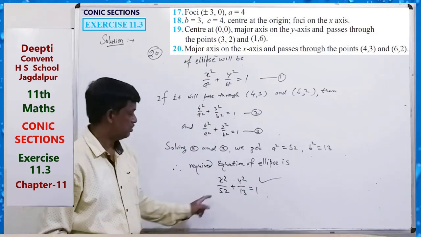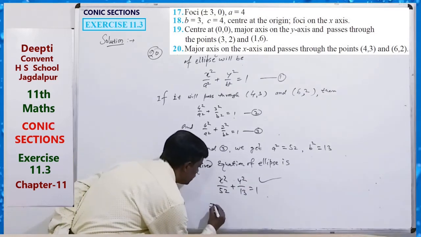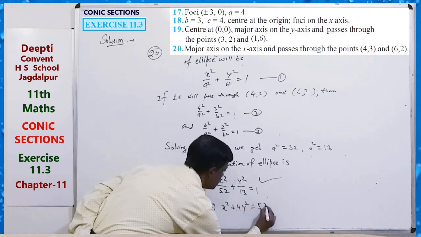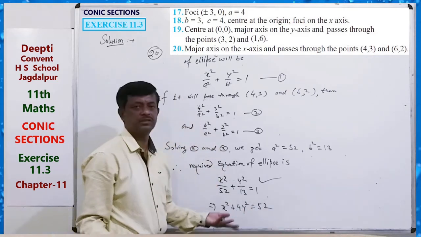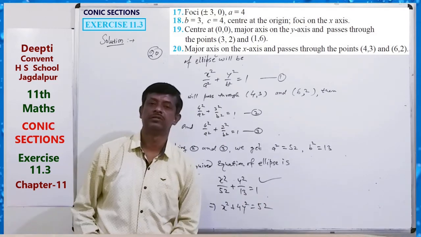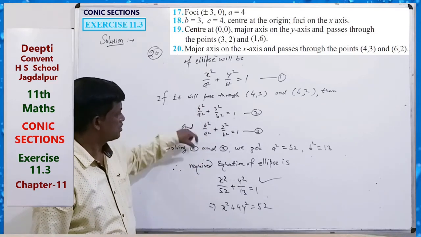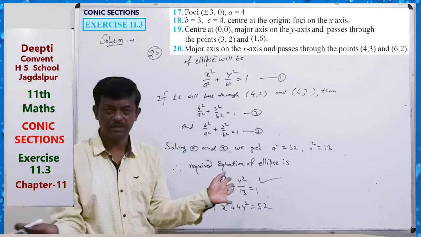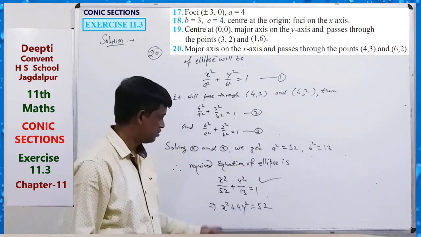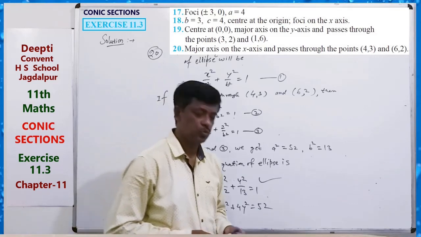Also you can write it like this: x square plus 4y square equals 52. Just solve it: treat 1 by a square and 1 by b square as single quantities, and by solving this linear equation you can get this. So this is the solution: x square plus 4y square equals 52.